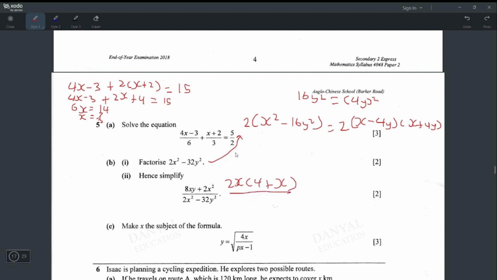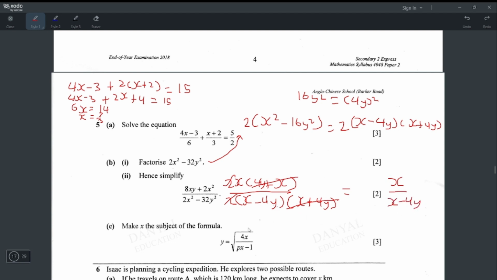And for the denominator, we already factored it in the previous question. So we just put whatever we wrote in the previous question, x minus 4y and x, oh sorry, this should have a y here, x plus 4y. And now we just need to simplify accordingly. We can already see that this can be cancelled out. So the final answer is x over x minus 4y.